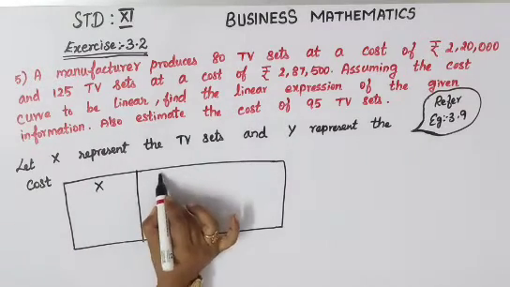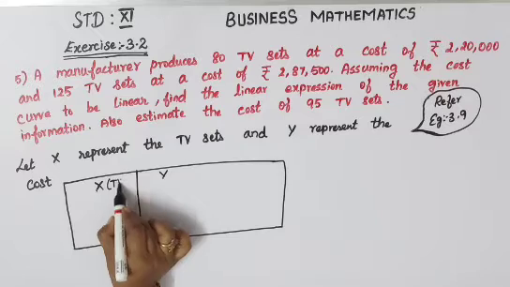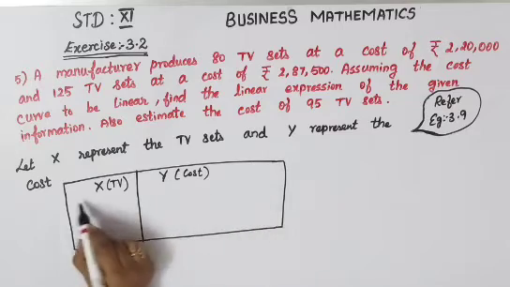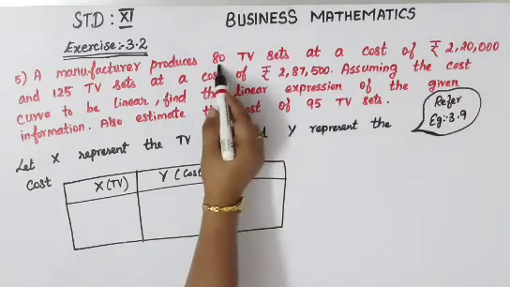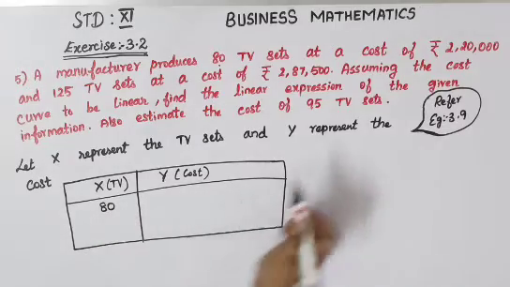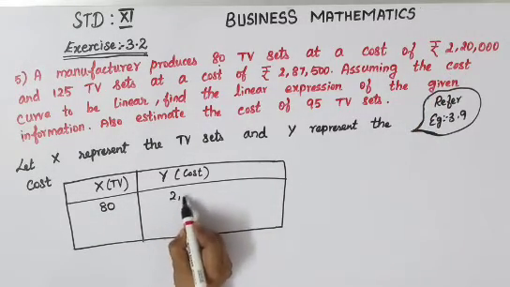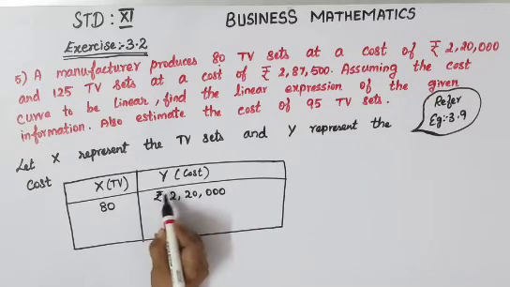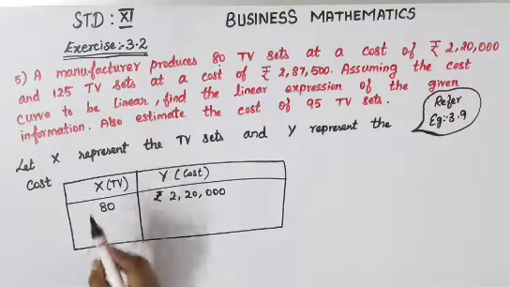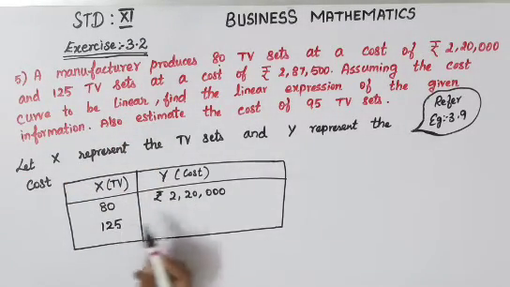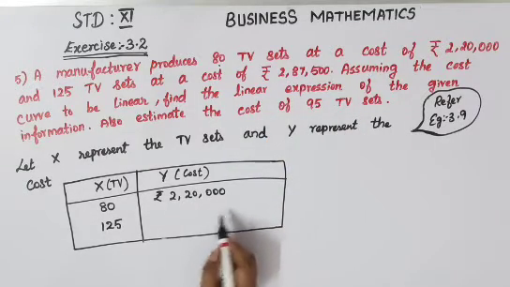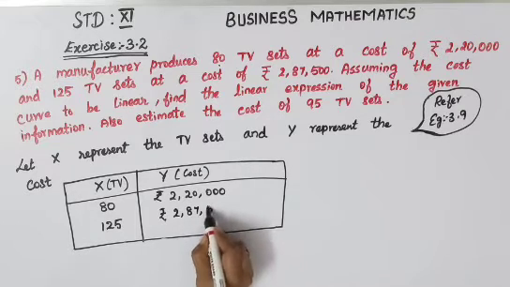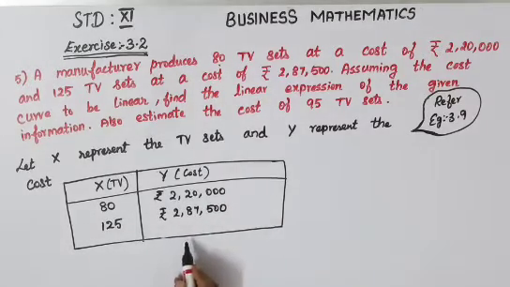So your X and your Y. So X is your TV and your Y is your cost. So X is 80. The cost of 80 TVs is rupees 2,20,000. Next is 125 TVs. The cost for that is rupees 2,87,500. So you can put those values in your table.